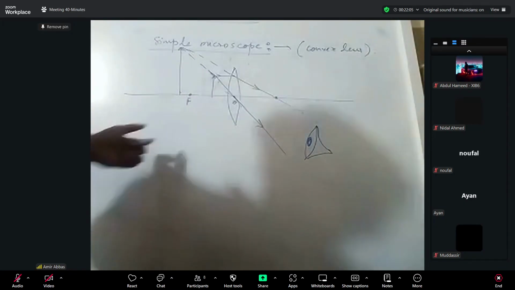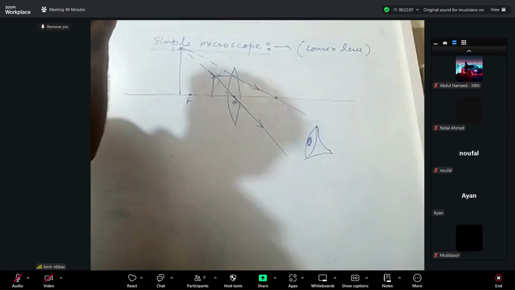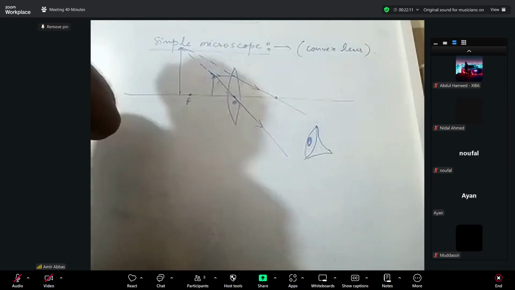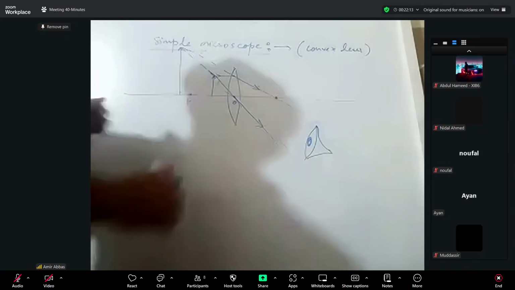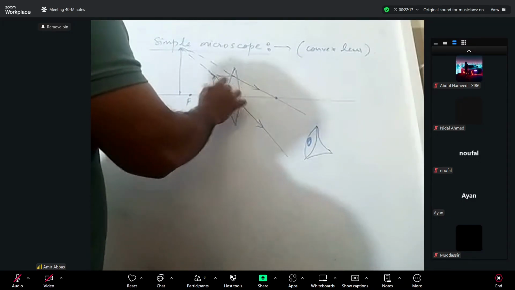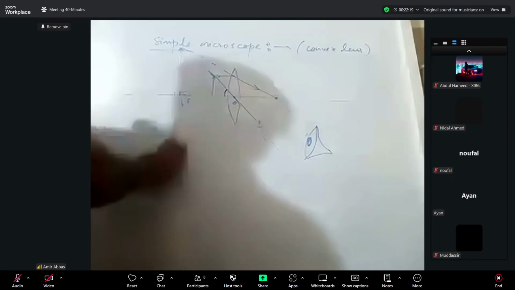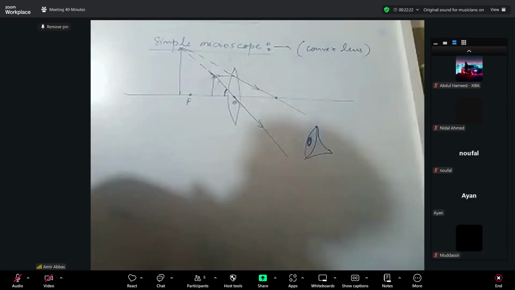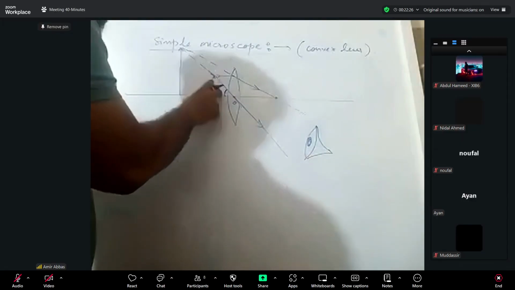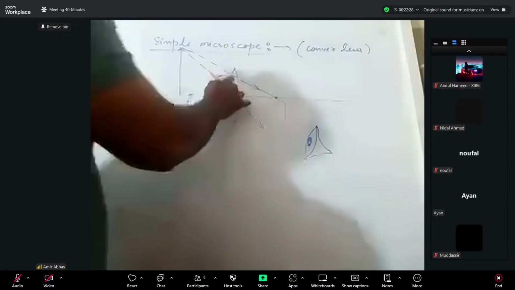So it is creating a big angle, or a larger angle, at our eyes for viewing it. This is the angle suspended by the image on our eyes. This is the visual angle suspended by the image on our eyes.